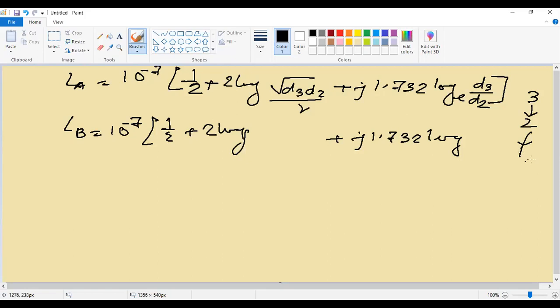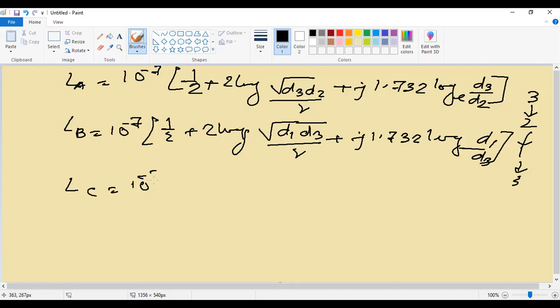When 1 is coming, this term will be 1 and 3, so this will be D1 by D3. This will be square root of D1 D3 by R. Next, LC will be equal to 10 to the power minus 7 times half, 2 log.